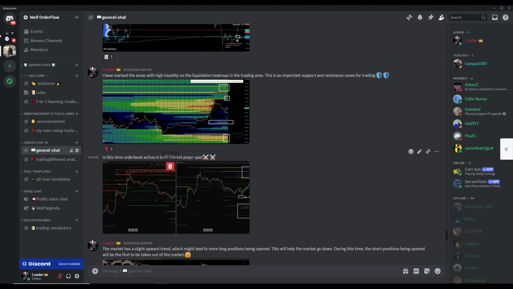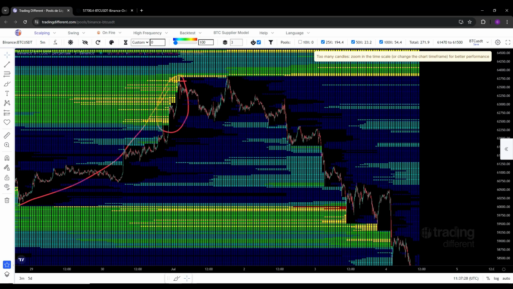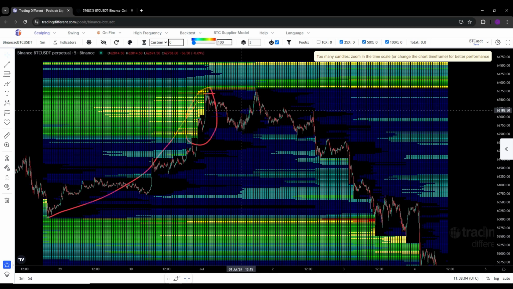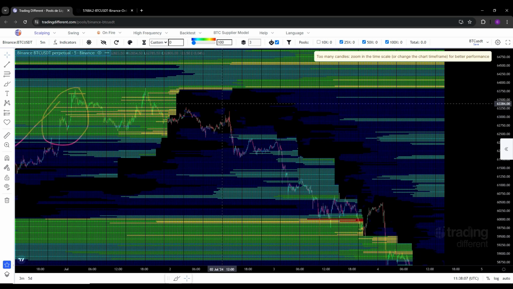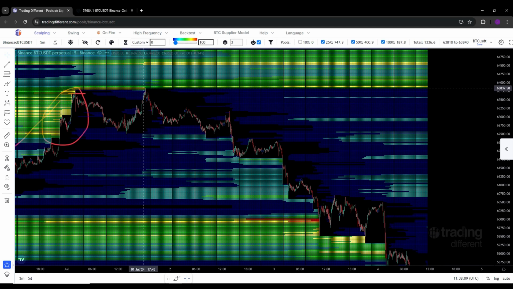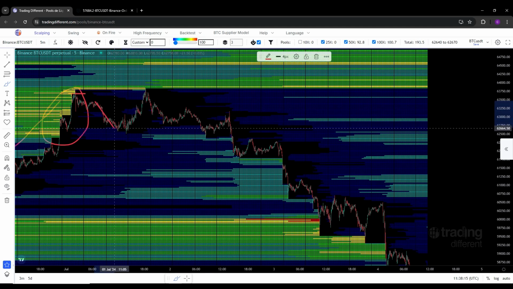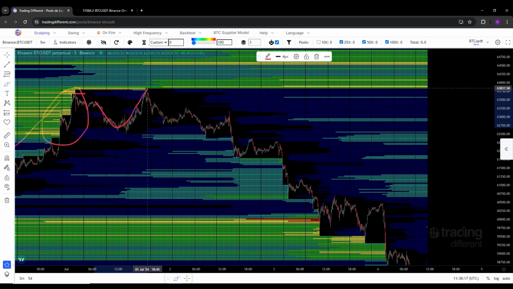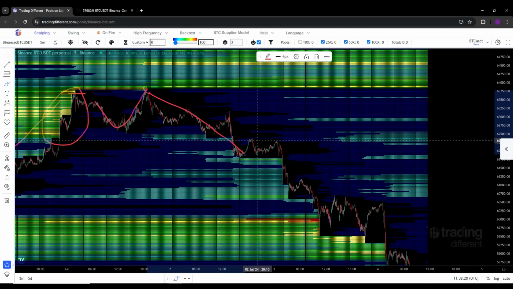I posted this. The market first hunted liquidity support and made an upside move. The target of the upside was the liquidity where traders who had opened short positions in the previous move had their stop losses. I entered the market, and after that, it started a downward journey.